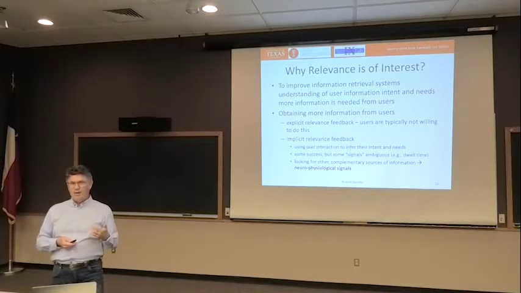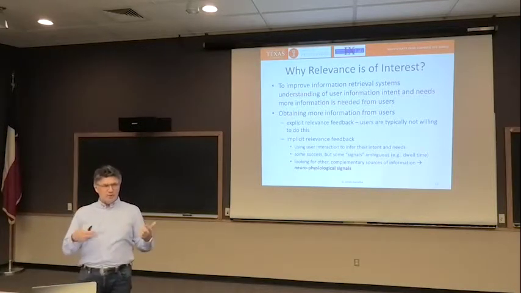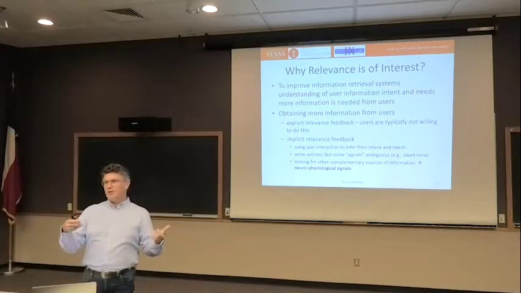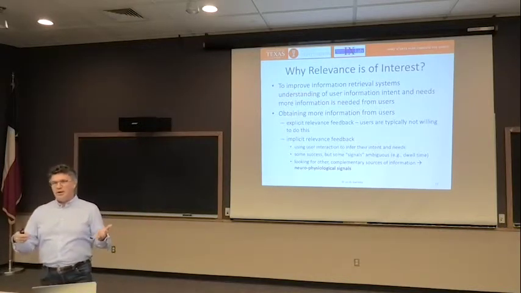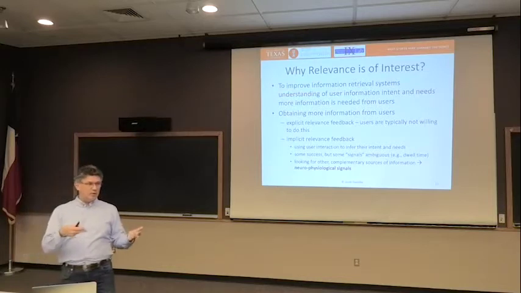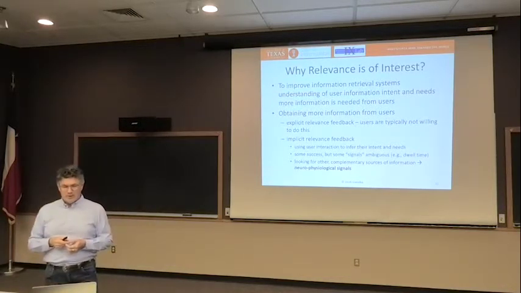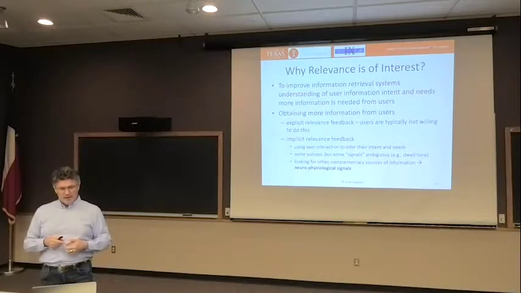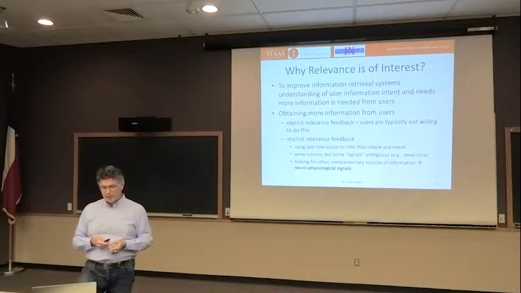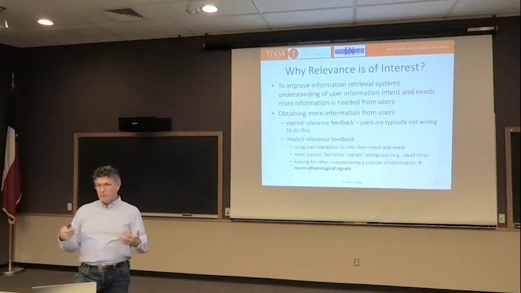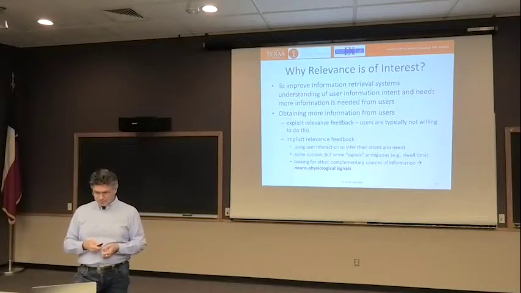There has been a lot of work where simpler signals such as click streams, the timing of clicks, and the time that is spent on documents are used in order to improve the system's inference of what the person wants to find in terms of information.